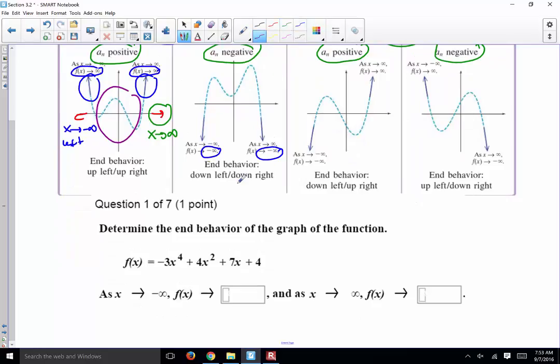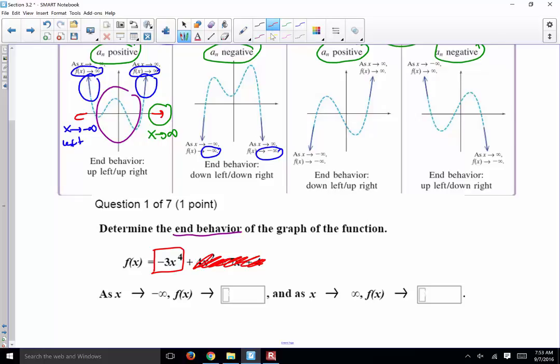When I see the statement, describe the end behavior, all I need to do is take a colored pen, mark the leading term, and cross out the rest. You don't need the rest. Just take a look at the first term, the leading term in the sequence: negative 3x to the 4th.